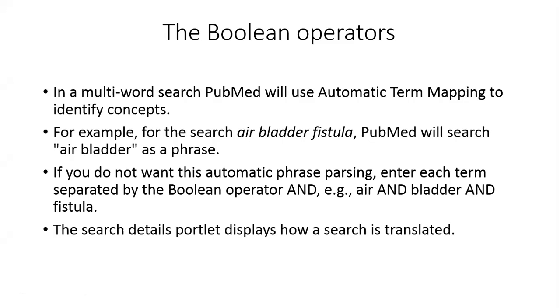Now, if you do not want automatic term mapping to be active, you would have to put AND between each and every term. So the query would be air AND bladder AND fistula. This would separate air and bladder. Automatic term mapping is, you can say, an artificial intelligence program that has identified which two terms are usually used one after another and hence can be used as phrases. Okay, so this is how it searches.